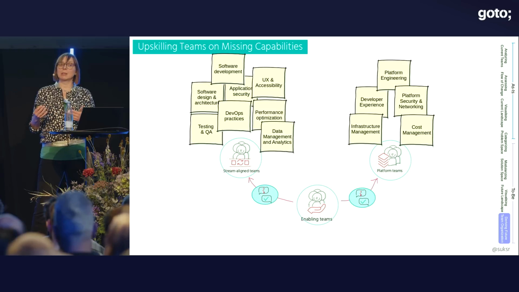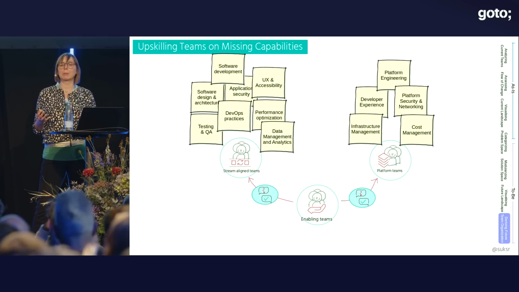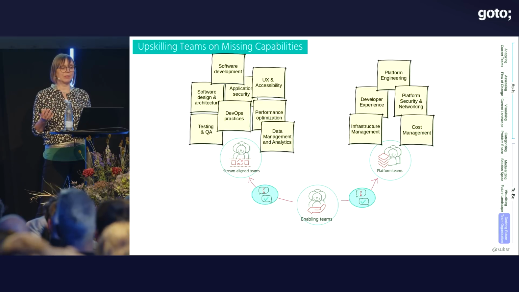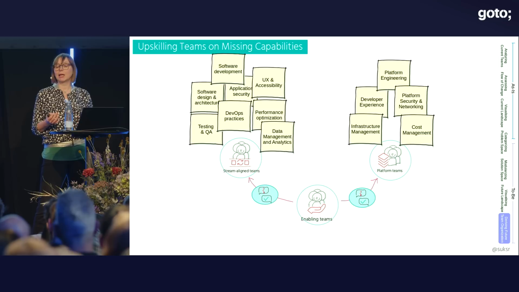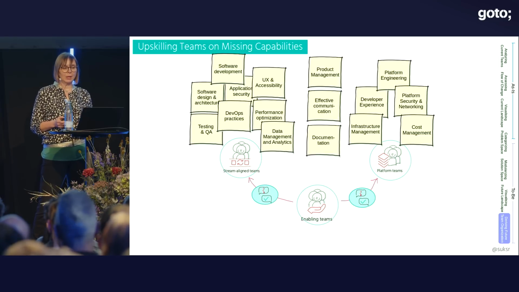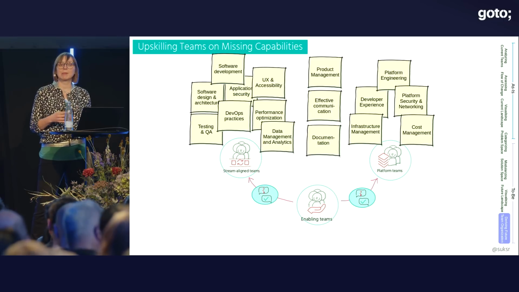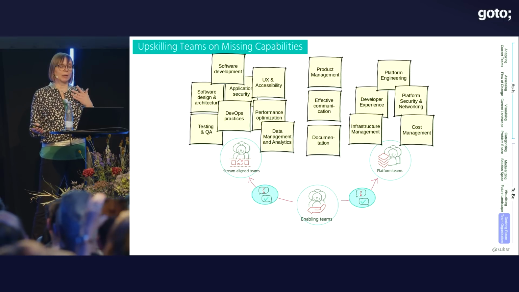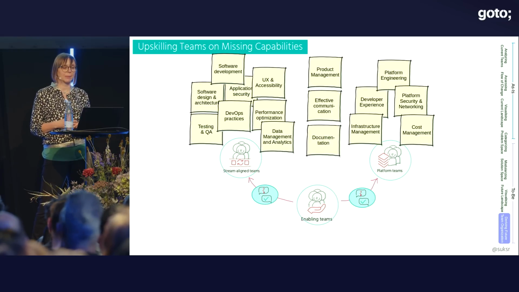But the enabling team can also act as internal coaches for the platform teams, coaching them on how to improve the developer experience of their platform, or how to design a scalable, reliable, and secure platform. And plus, the enabling teams can also coach streamlined teams and platform teams on skills related to product management, effective communication, good documentation, and improvement of practices such as team coaching and mentoring.